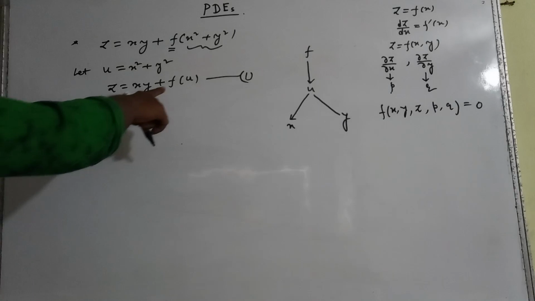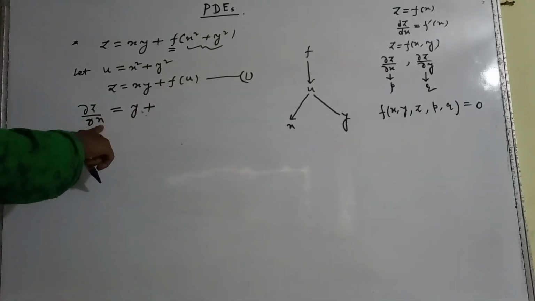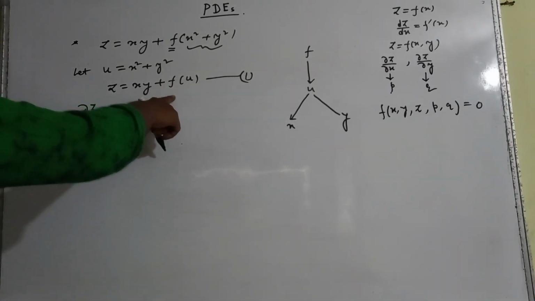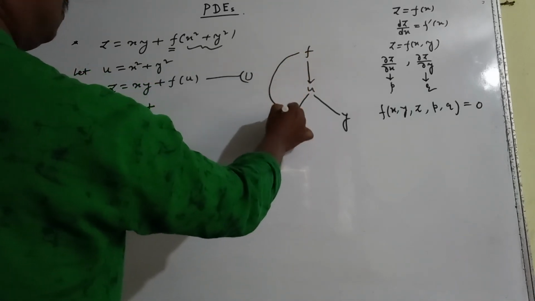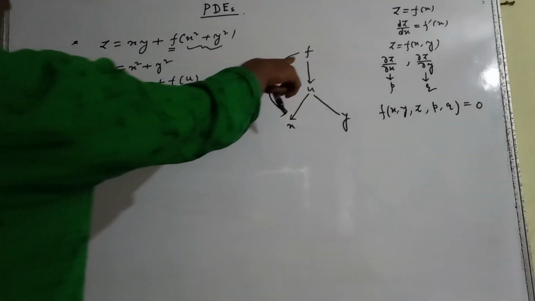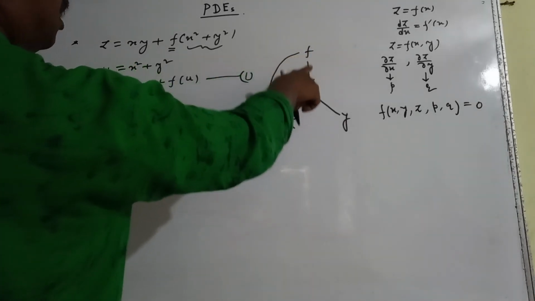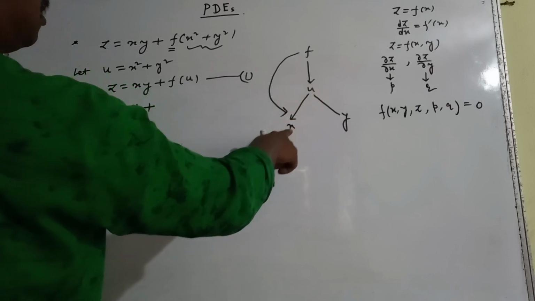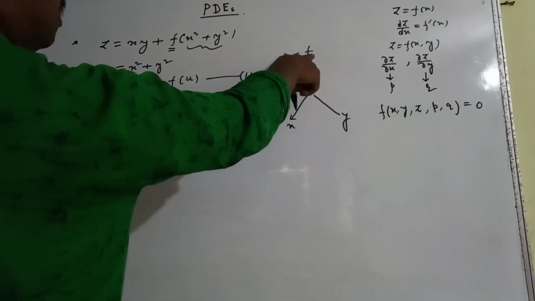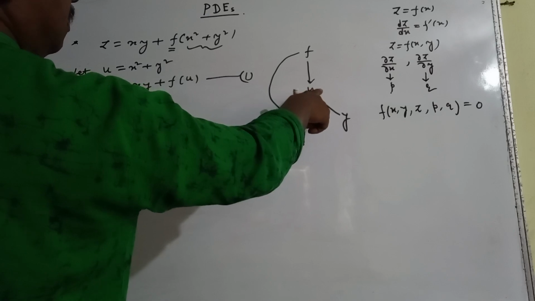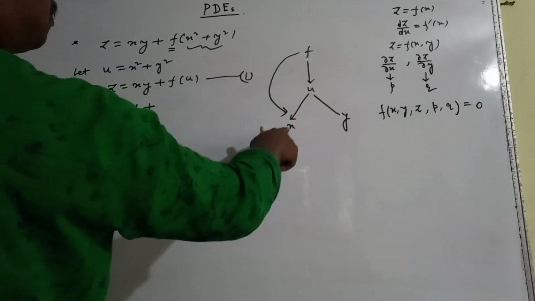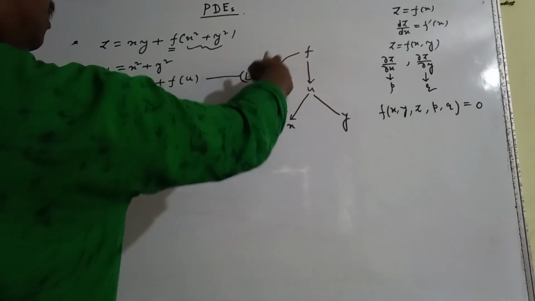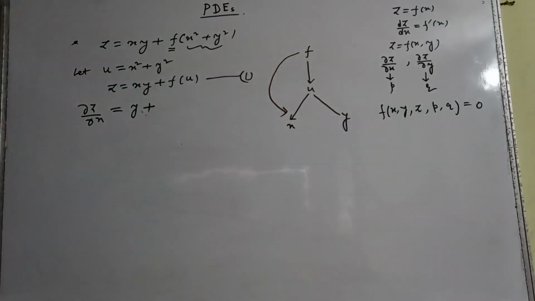When we differentiate f partially with respect to x, we differentiate f with respect to u, then differentiate u with respect to x. This will be del f del x.